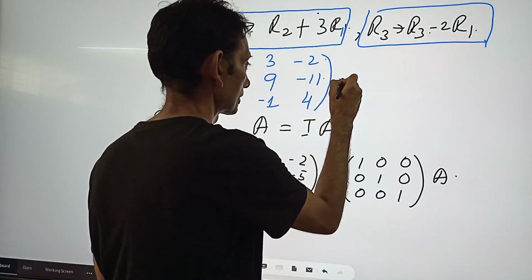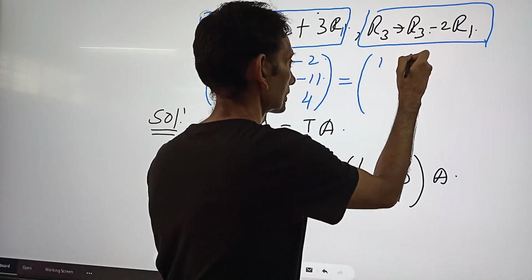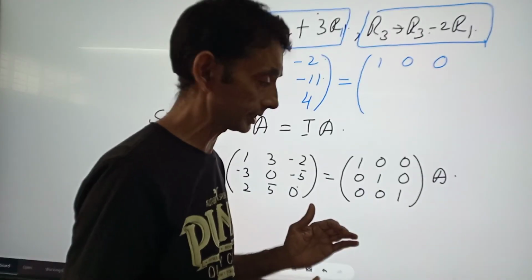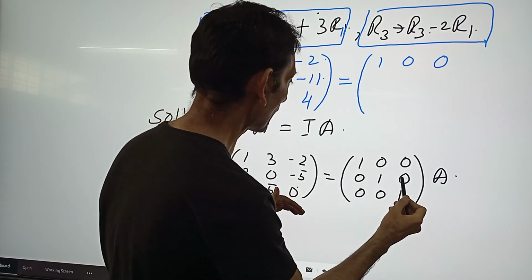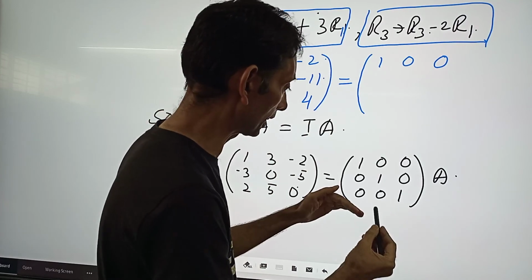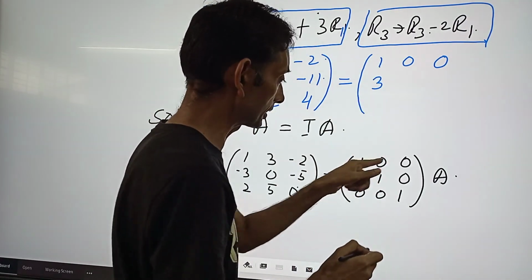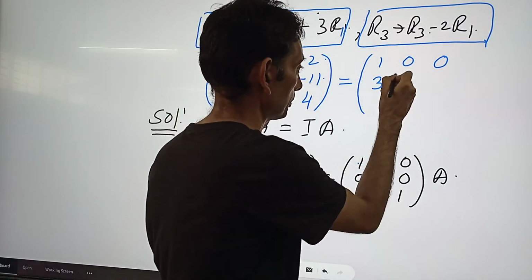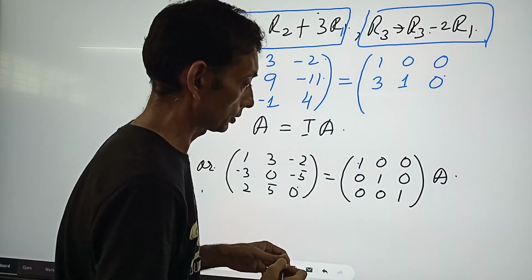So let us make the changes in the identity matrix. There is no change in row 1, so we'll leave it as it is. To change R2, we are multiplying R1 by 3 and adding, so this place will be 3. Since the others are 0, there is no change in the second and third numbers.